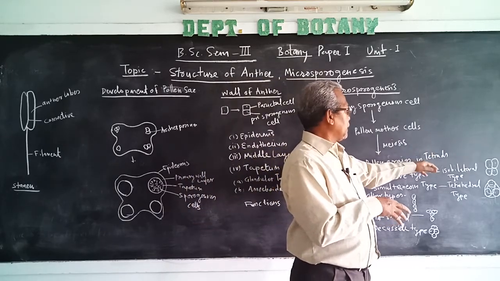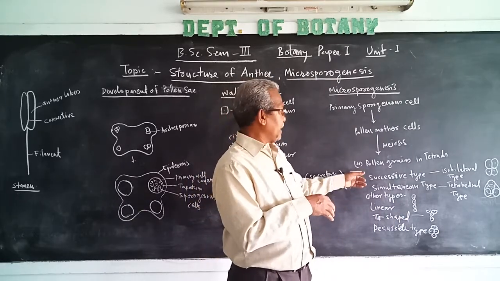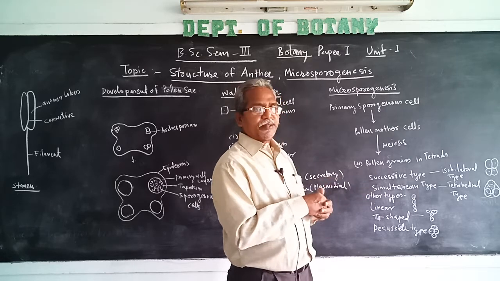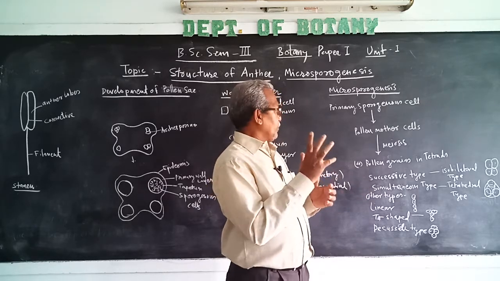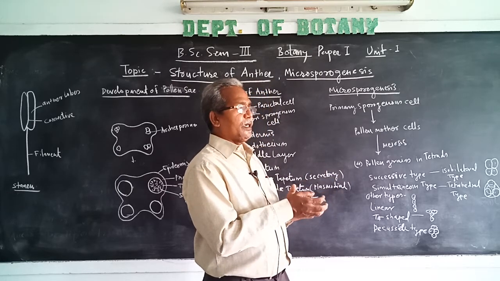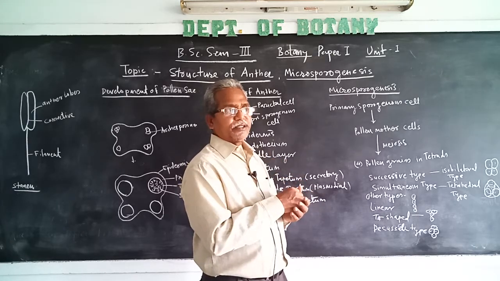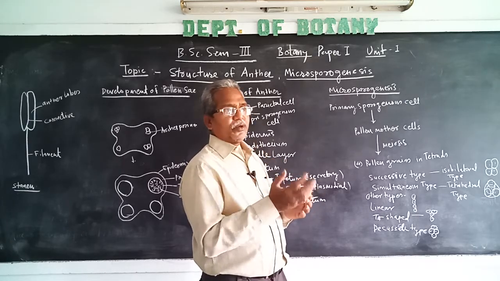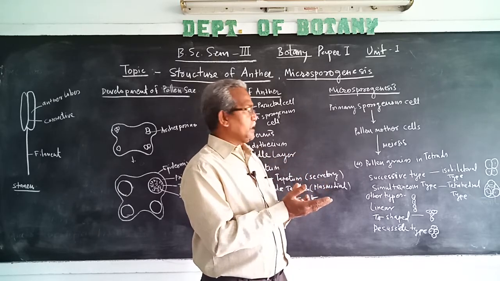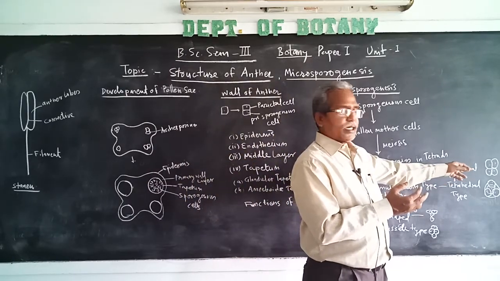These tetrads may be formed in two ways, by the successive type or by the simultaneous type. In the successive type, the pollen mother cell nucleus divides, and after the first division a wall forms between the two; then, by meiosis II, two become four, and again wall formation takes place. In this manner isobilateral pollen tetrads are formed.